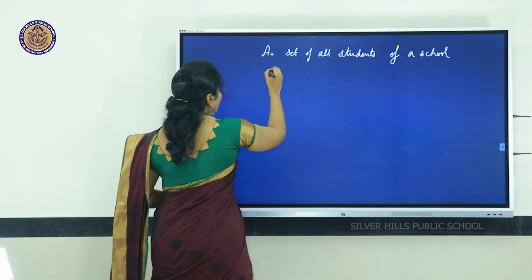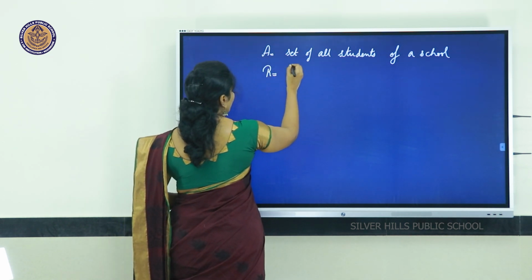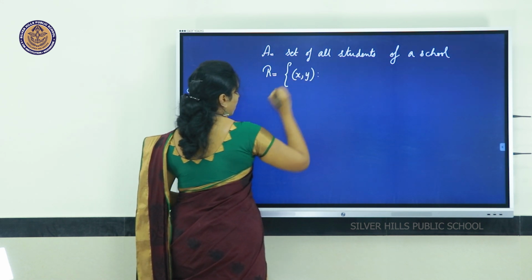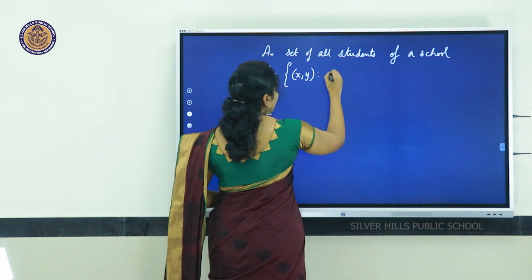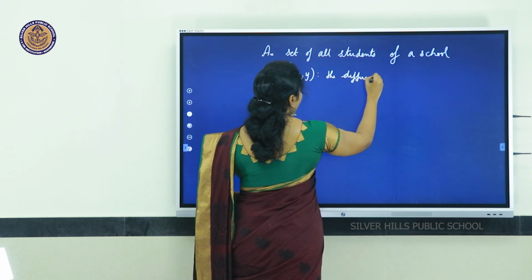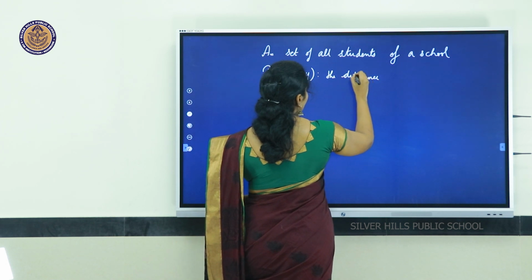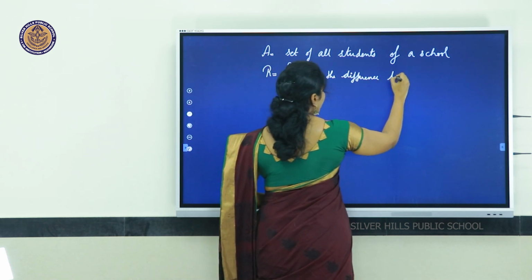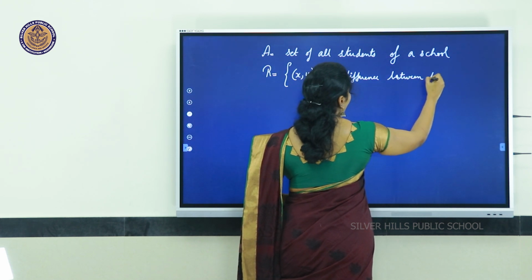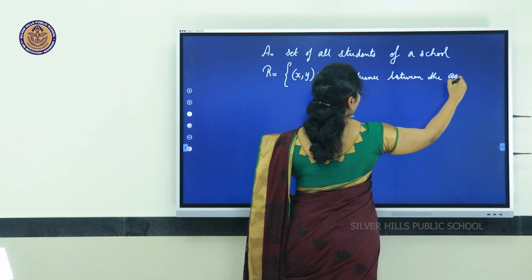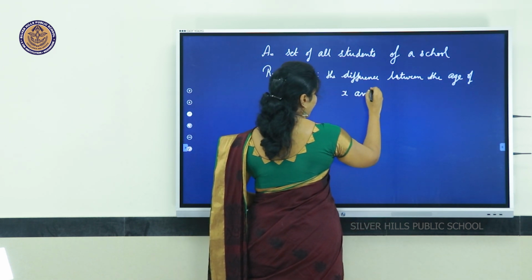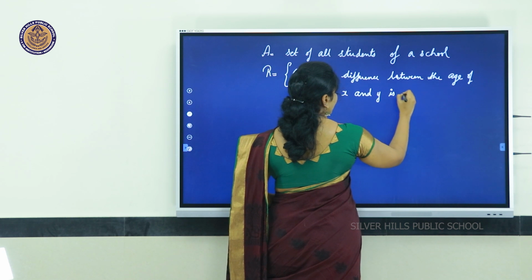So let the relation be, say, R is equal to the set of all ordered pairs (X, Y) such that the difference between the age of X and Y is less than 50.